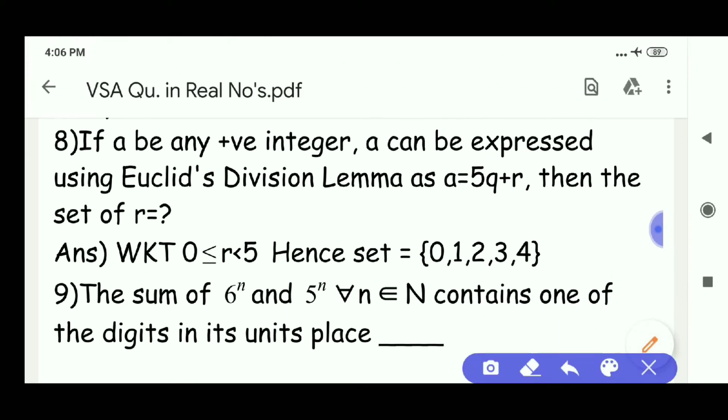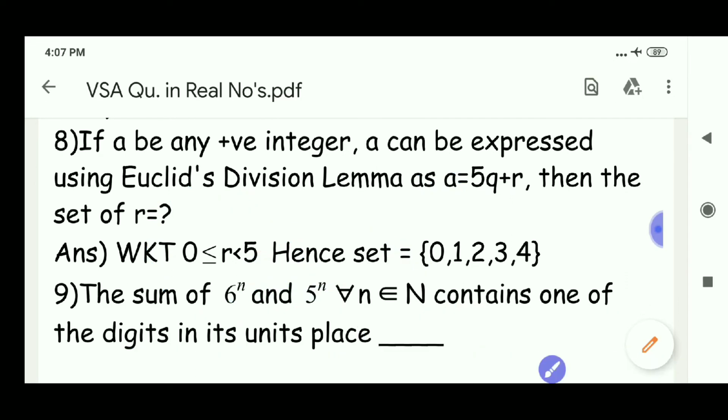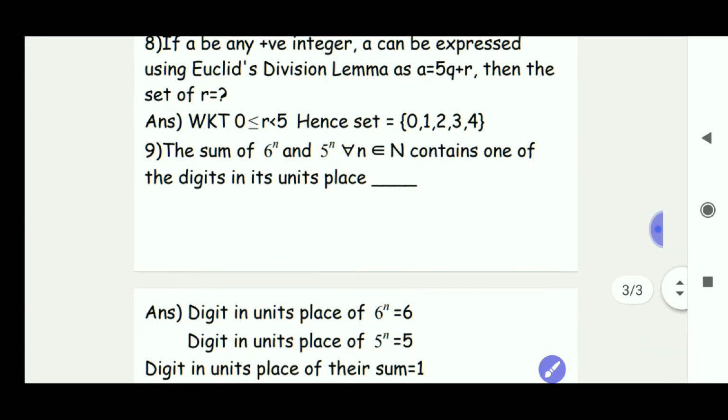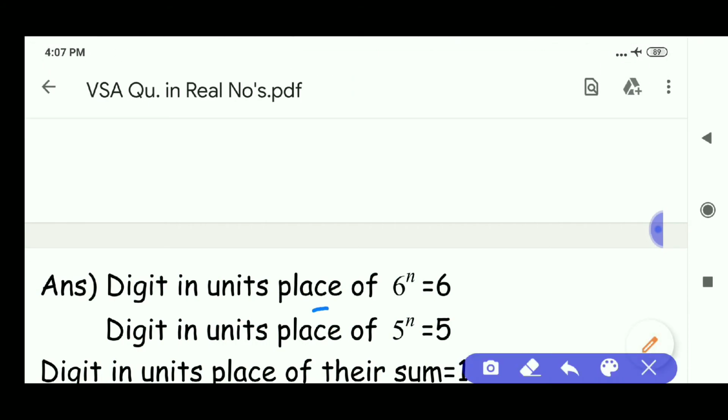The sum of 6 power n and 5 power n for every n belonging to natural numbers contains one of the following digits in the units place. n is any number. We are adding 6 power n to 5 power n. Then what is the digit in the units place? The digit in the units place of 6 power n is 6.